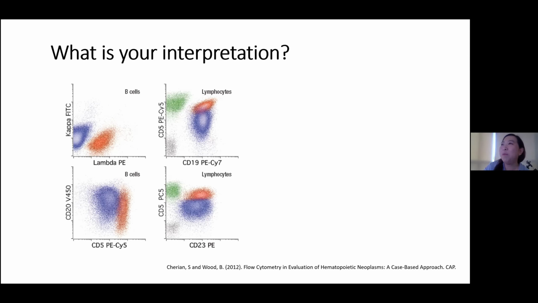And there's also a possibility that there might be another type of concomitant lymphoma in addition to the CLL. But the thing is, it actually expresses exactly the same CLL phenotype, right? So it's 19, 5, 23, and dim kappa and lambda.